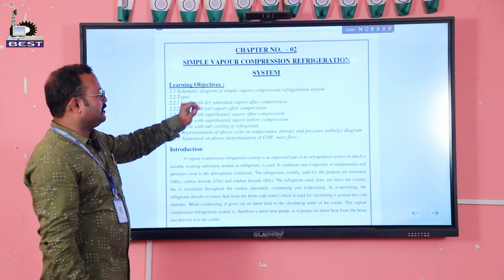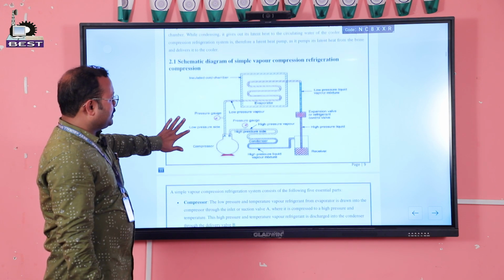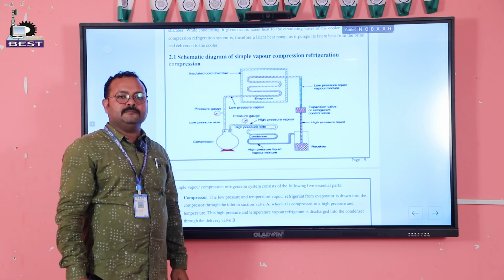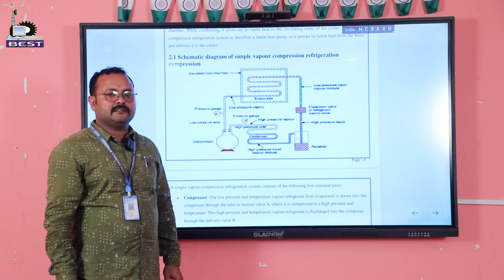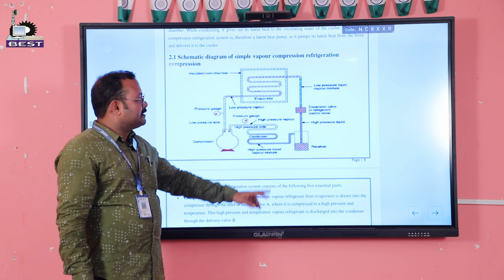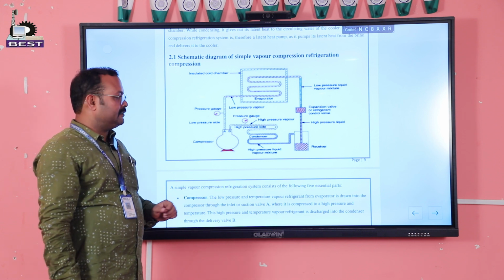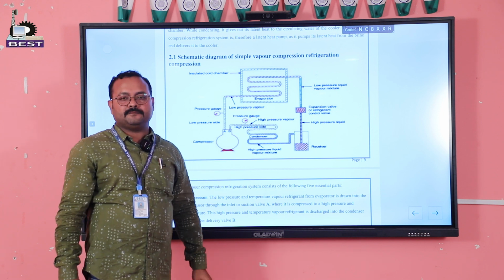Simple vapor compression refrigeration system. This is the line diagram of vapor compression refrigeration system. It consists of 4 important parts. First one is evaporator, second one is compressor, third one is condenser, fourth one is expansion valve.